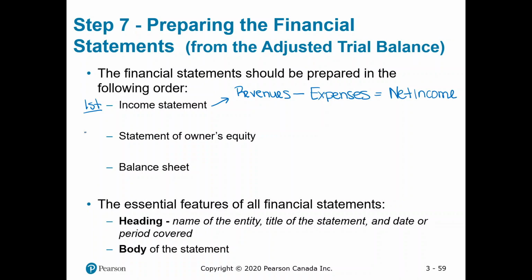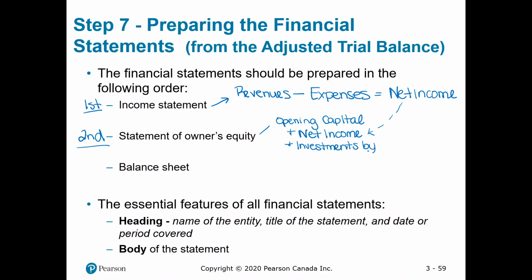The second statement we prepare is the statement of owner's equity. And here we start with our opening capital balance. So the owner's capital. We add net income. So that is why we need to prepare the income statement first, so we can add that there. We add any investments by the owners.